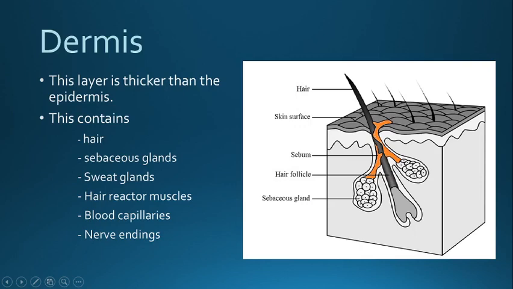Sebaceous glands produce an oily substance called sebum. This sebum helps to maintain the moisture of the skin. Also, it prevents the dryness of skin hairs. This orange colored material is the sebum.